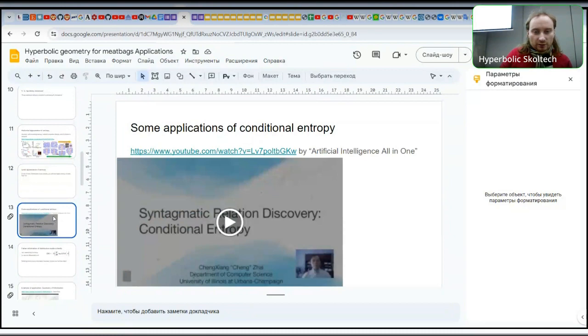Okay, maybe we can skip it, about some applications of conditional entropy.